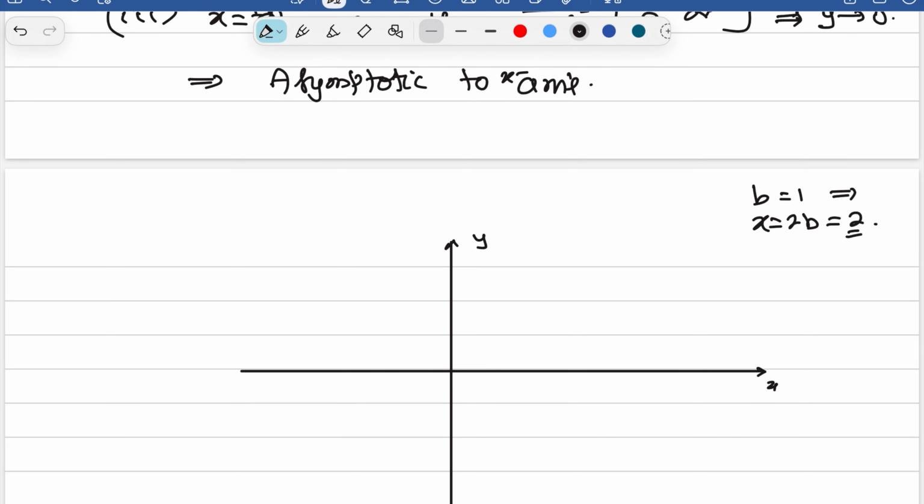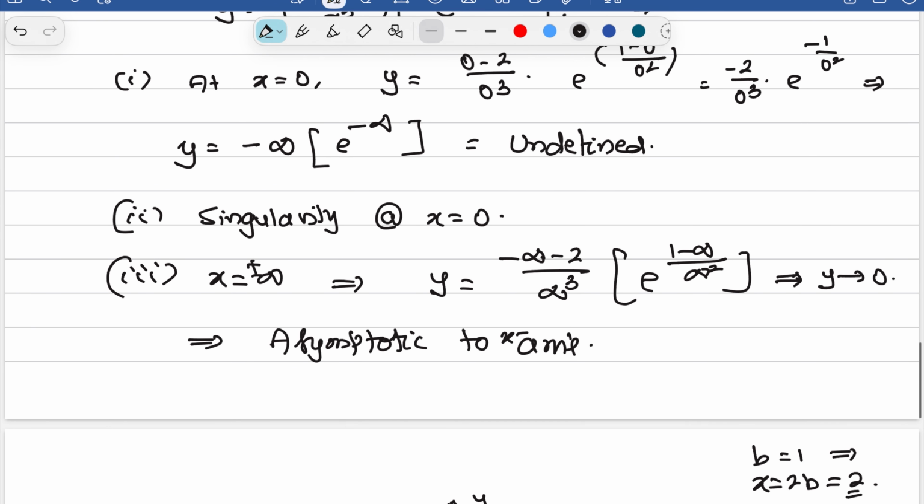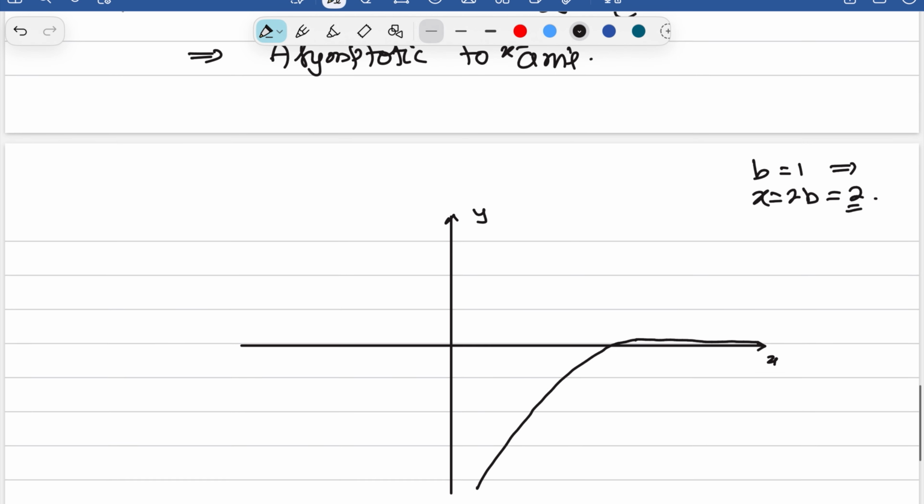That means the line can be like this, and asymptotic to the x axis. We cannot keep that much distance, I am only keeping it for your understanding. It should be like this, asymptotic to the x axis. And y is undefined at x is equal to 0.